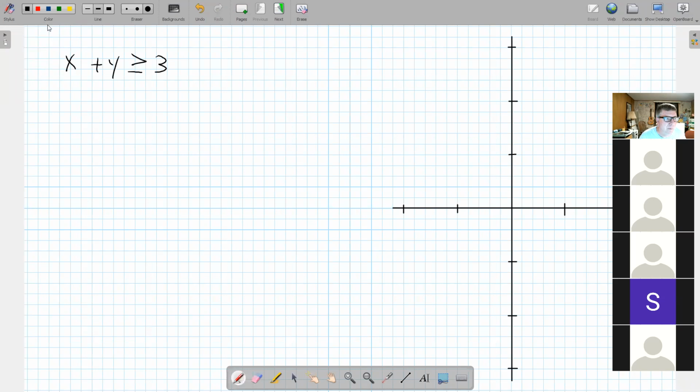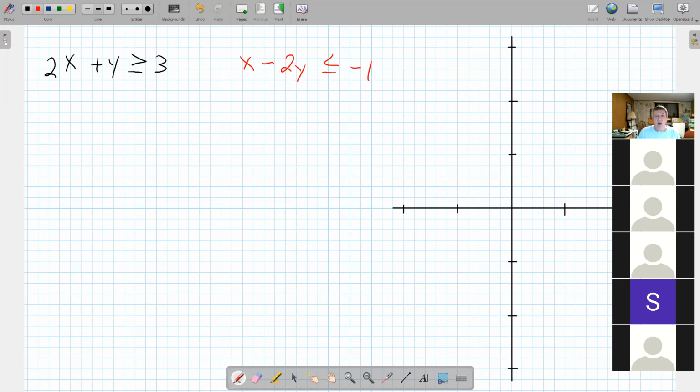And then our second inequality, which I'm going to do in red, is x minus 2y less than or equal to -1.